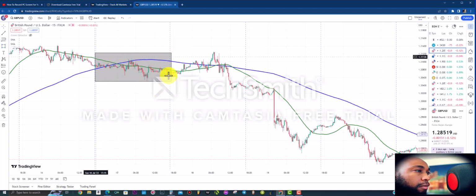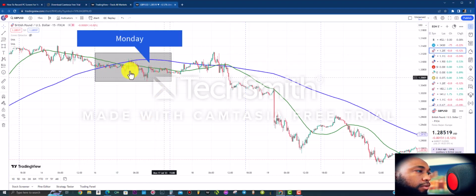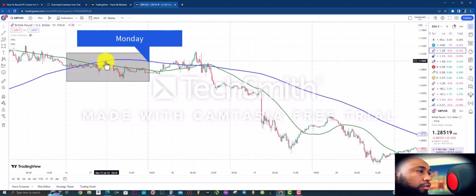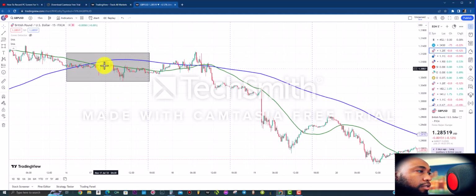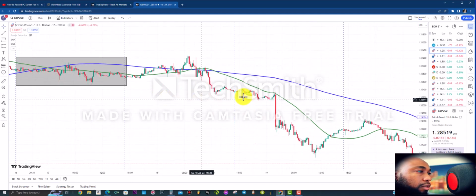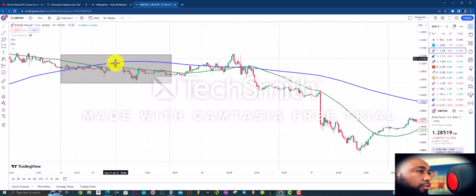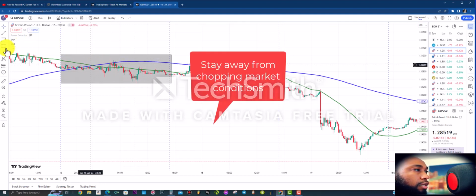All right, Monday, what happened? Market was chopped. Only one opportunity was right in here where price made some double tops, right? Double tops right here. Very tiny tops, consolidation, very messy, and push down, right?